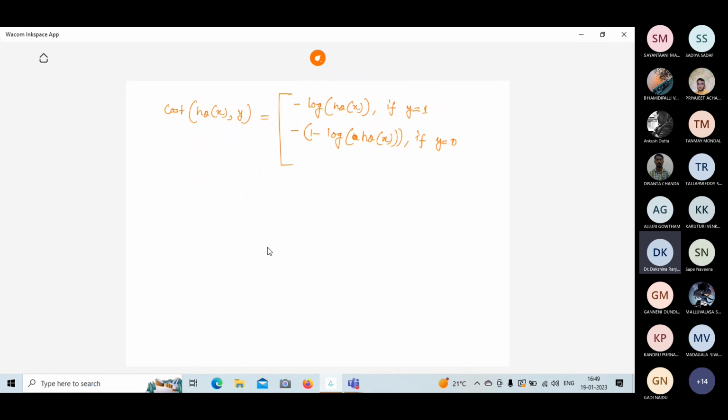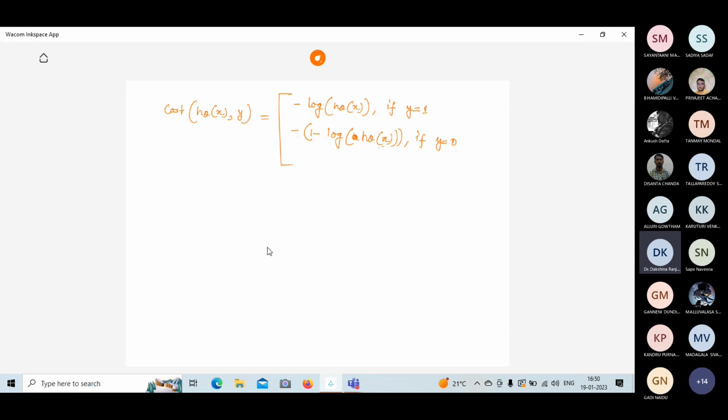That means if the class level is found to be negative or 0, you will get the second cost function, which is minus log of 1 minus h theta x. So we put the hypothesis representation into this logarithmic function, minus log of 1 minus h theta x, if y is 0, or if the class level is 0 or negative.